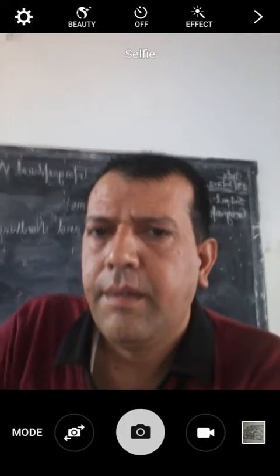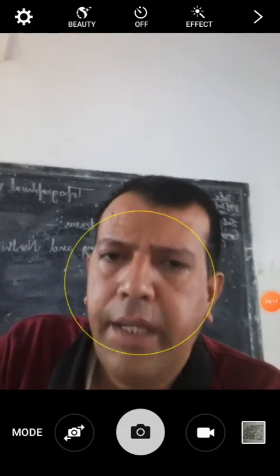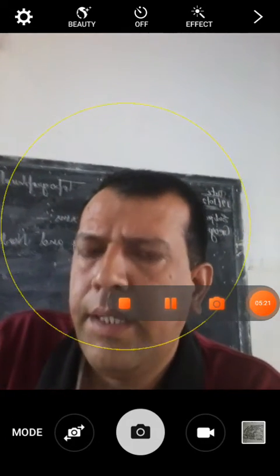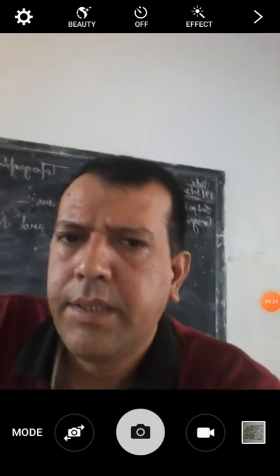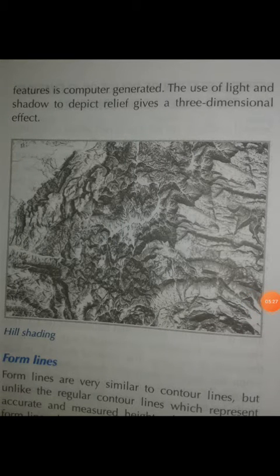So that is the first, and second is hill shading. Hill shading relief features. This is the hill shading relief features diagram.